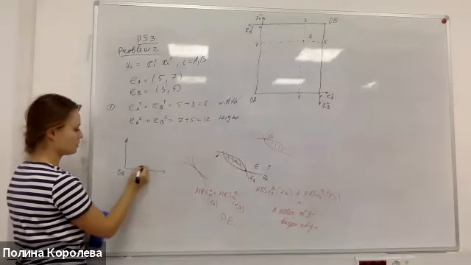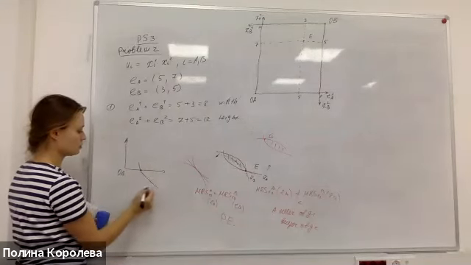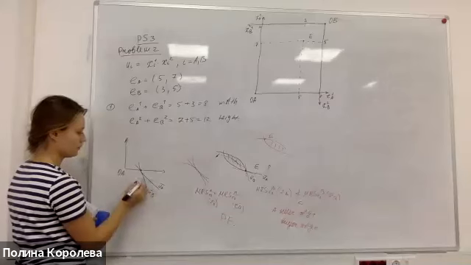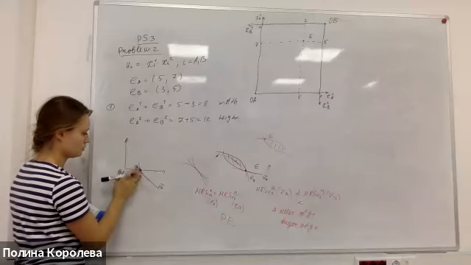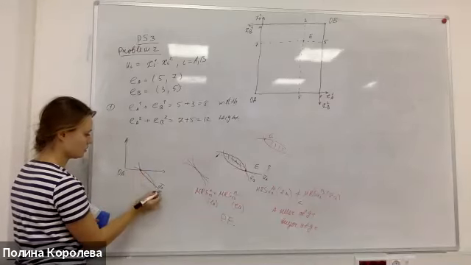Let's see. For example, this will be the utility for individual A, and this will be the utility for individual B. Or no, like this.